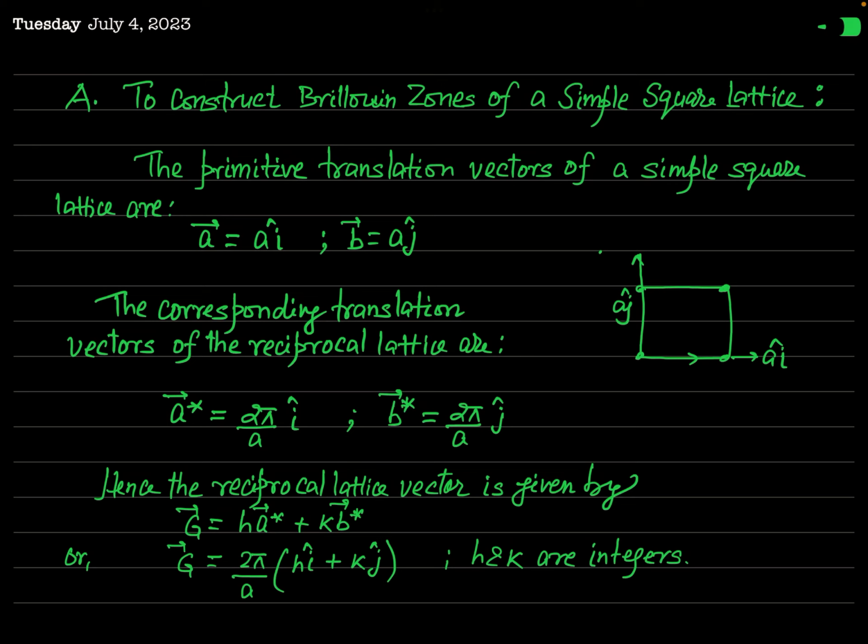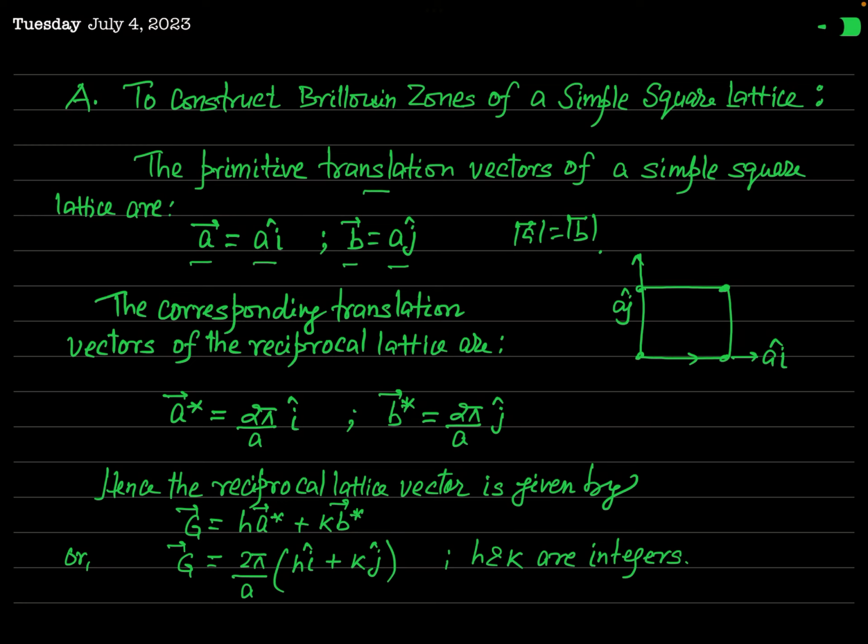As you know, the primitive translation vectors of a simple square lattice are given like this. Vector a is equal to a i and vector b is equal to a j, because here the modulus of vector a is equal to the modulus of vector b, as we are considering the square lattice.